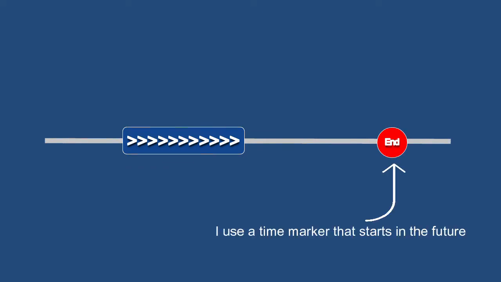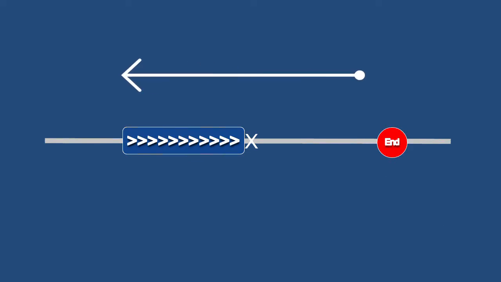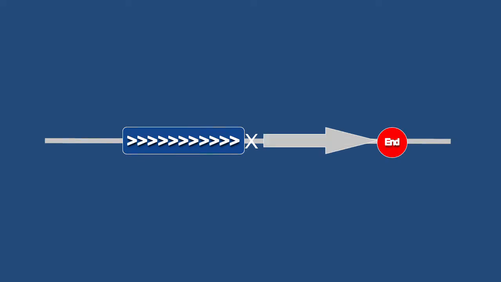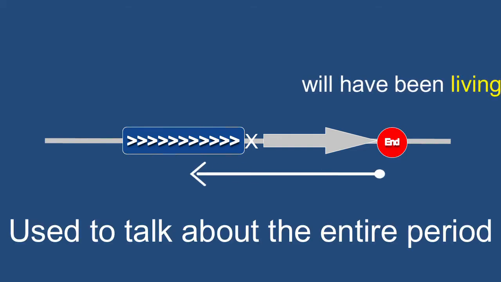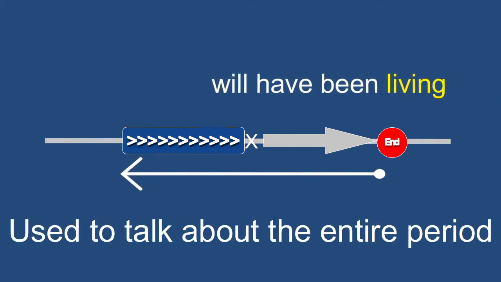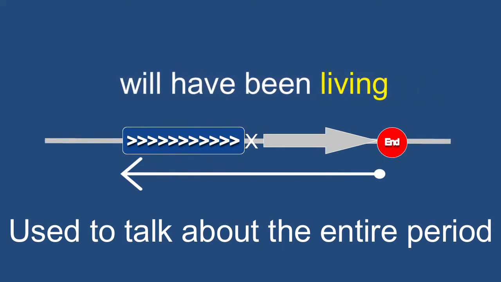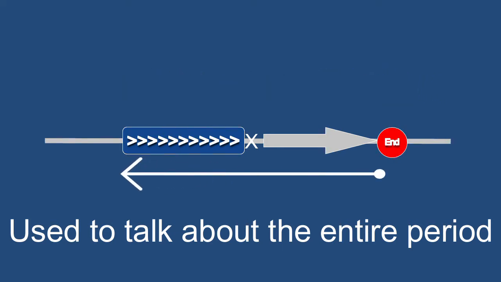Example: in October 2021, I will have been living in Indonesia for 10 years. Notice that I use the end point, so in October as the start of the sentence being the time indicator, and then will have been living, talking about my continuous experience living in Indonesia.